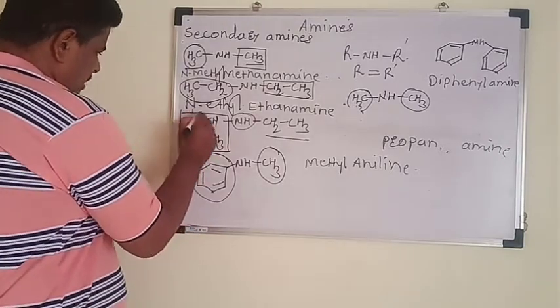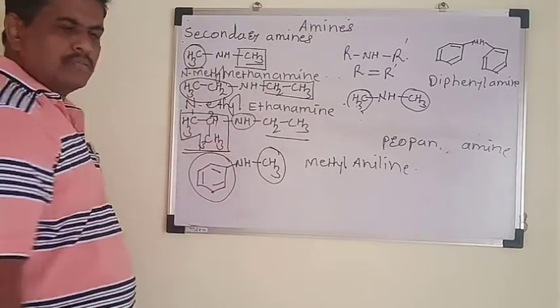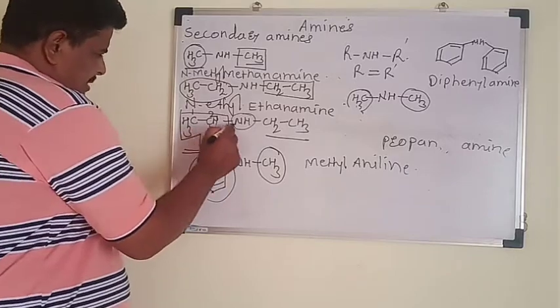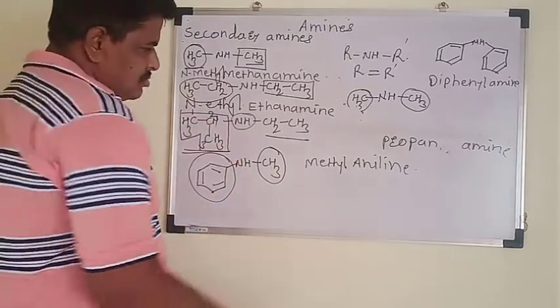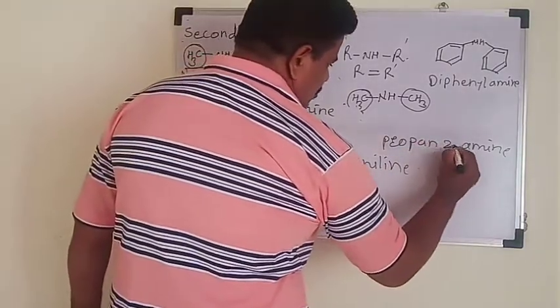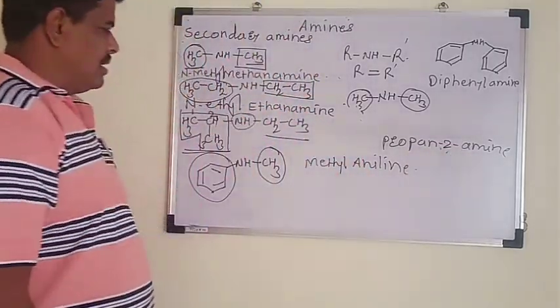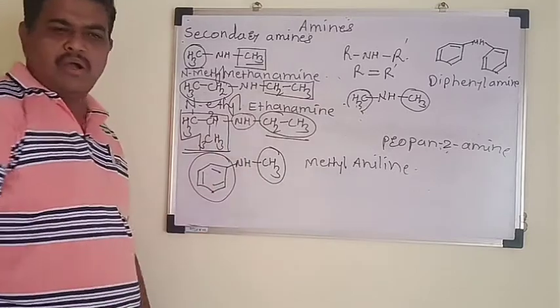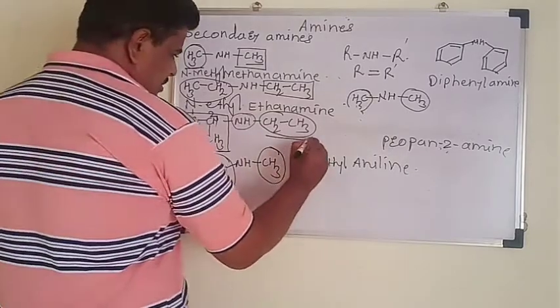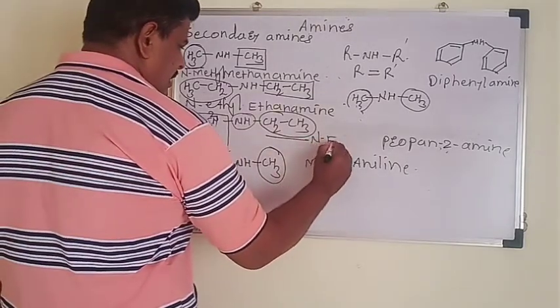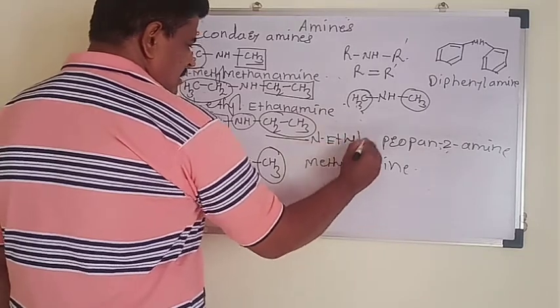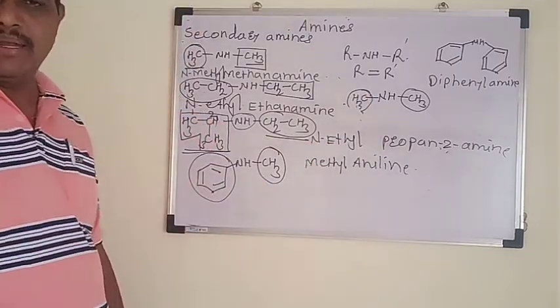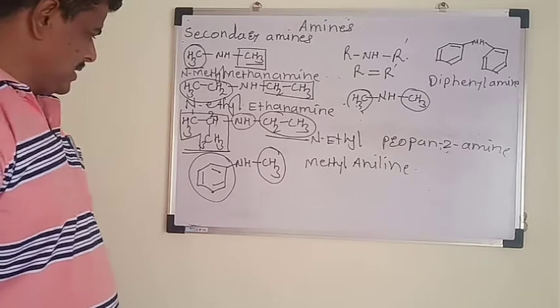So it becomes 1, 2, 3. At second carbon, this nitrogen is attached. So write this propan-2-amine. Now substituent is present on nitrogen, and hence you have to write this as N-ethyl propan-2-amine.